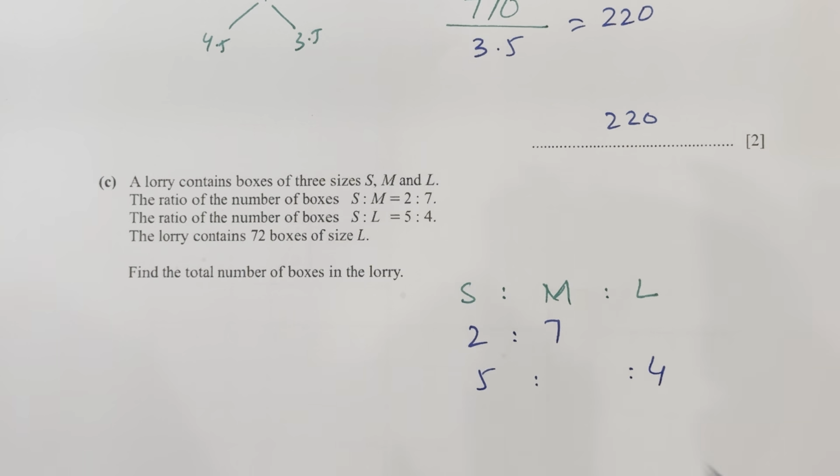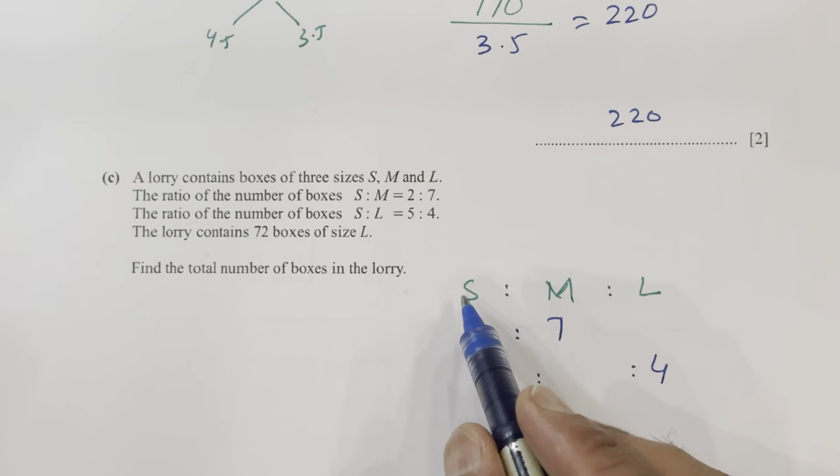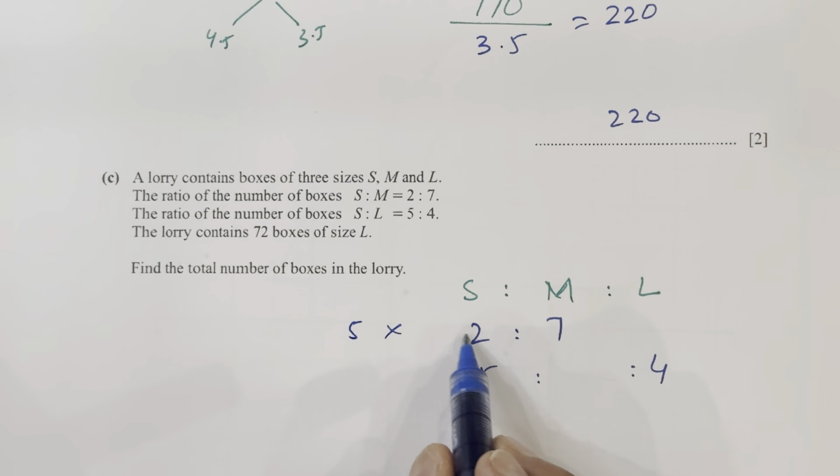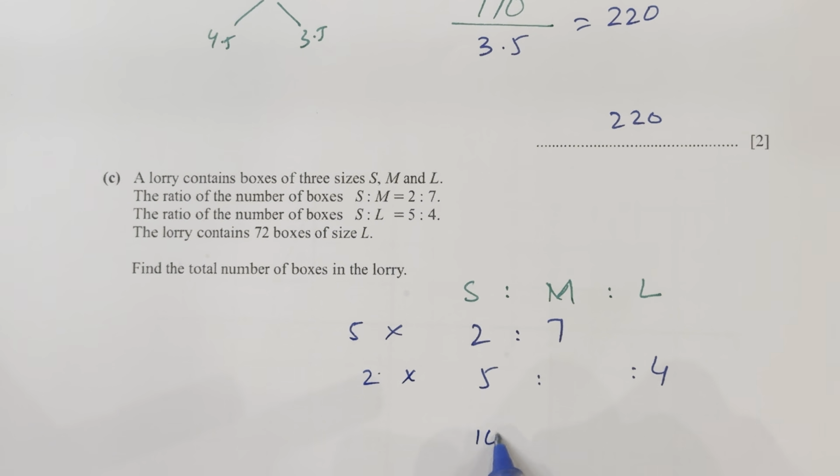We can see that S is the common comparison in both ratios. So we want to make them the same, so we multiply by 5 and by 2. After multiplying by 5 we get 10 and 5 times 7 is 35, and 2 times 4 is 8. Now you can simplify, but this is the simple answer, you don't need to simplify it.